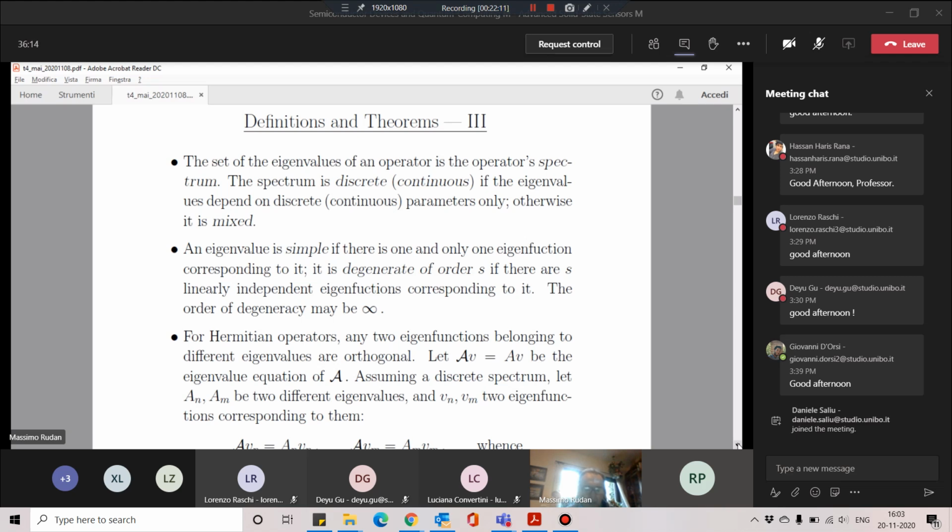So we had E1, E2, etc. You remember that the set of the eigenvalues of an operator is called the spectrum of the operator. So in the case of the particle in the box, the spectrum of the eigenvalues is discrete because there is an integer index that counts the eigenvalues.